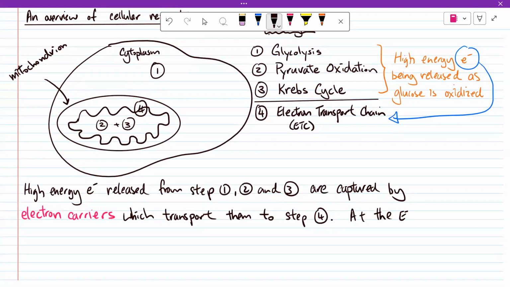At the ETC, the high energy electrons are used to create ATP.